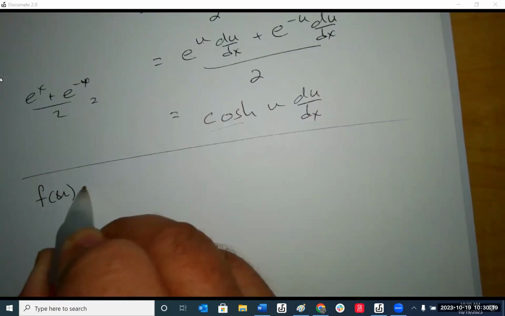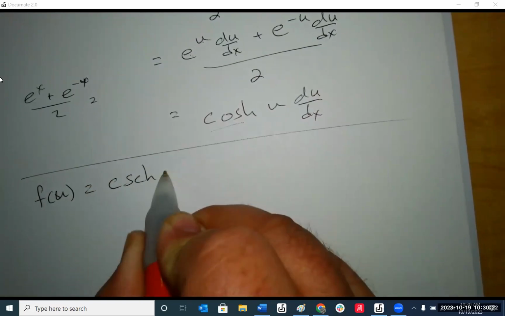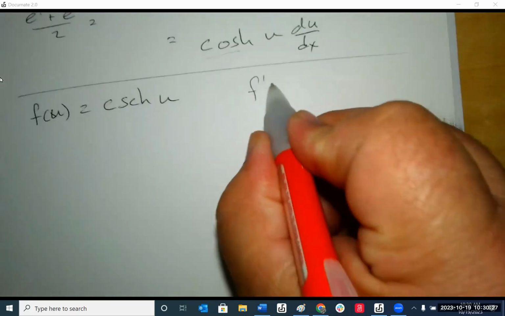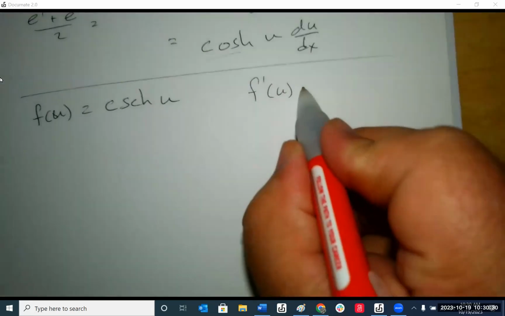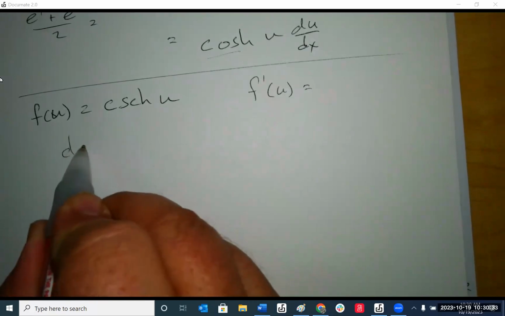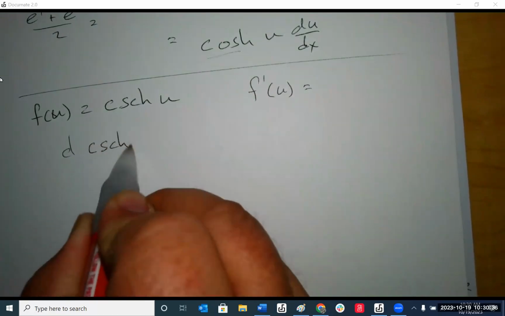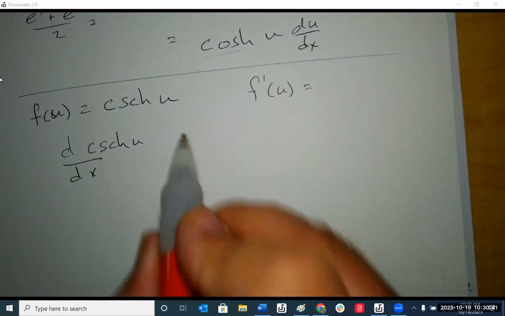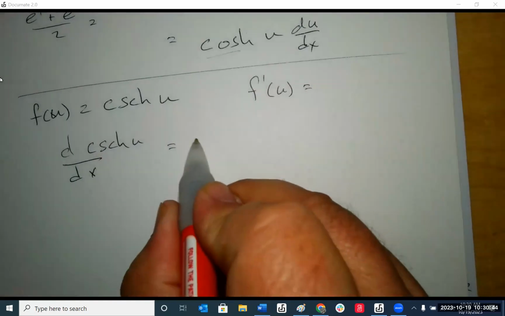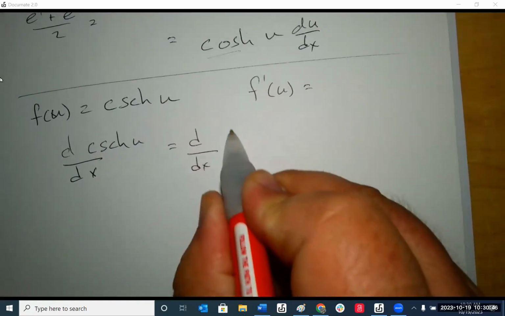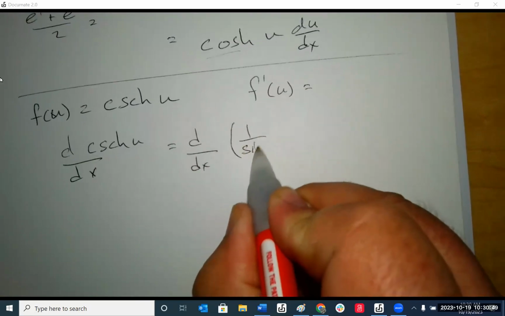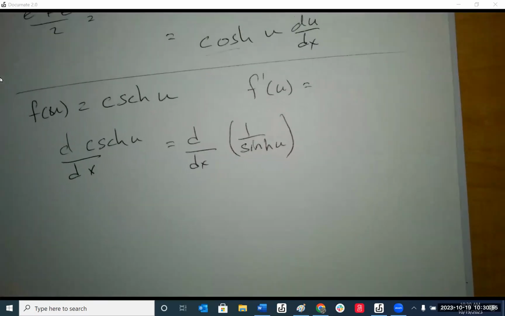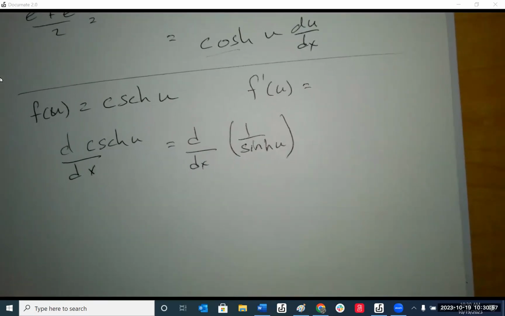Let's look at our function f of u equals hyperbolic cosecant of u. So the derivative of hyperbolic cosecant with respect to x. Cosecant is 1 over sine. So we take the quotient rule here.